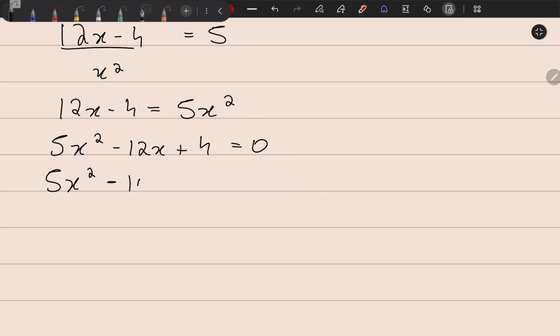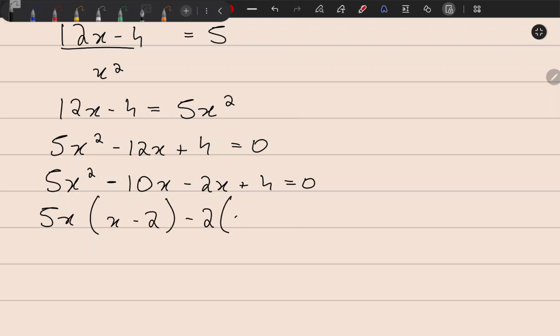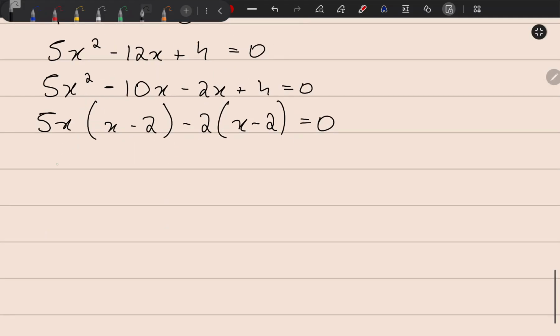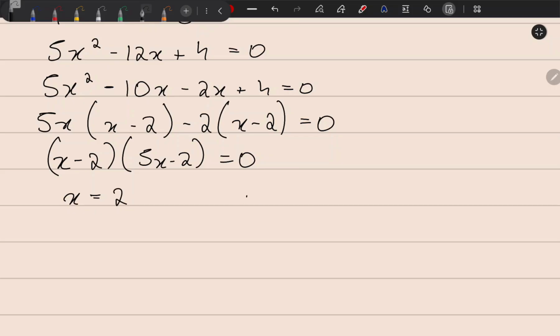We have minus 10x minus 2x plus 4 is equal to 0. Let's take out 5x as common. x minus 2 minus 2 times x minus 2 is equal to 0. So we get x minus 2 into 5x minus 2 is equal to 0. Therefore, our answers are x is equal to 2 and x is equal to 2 by 5.